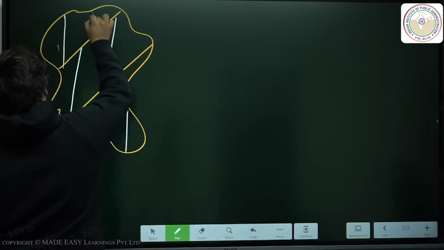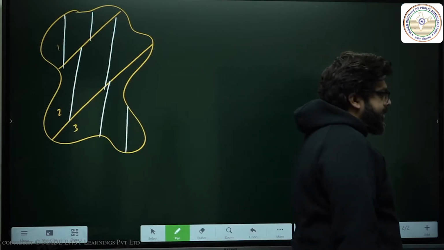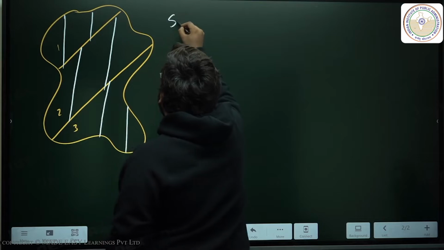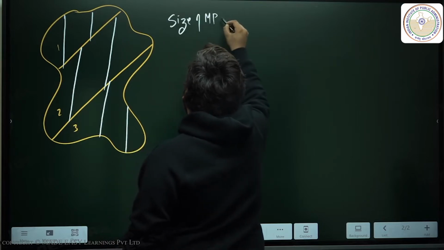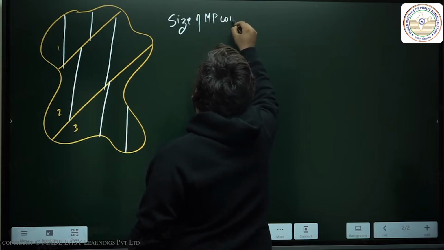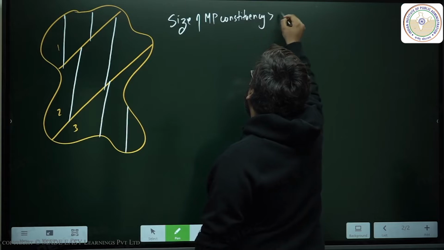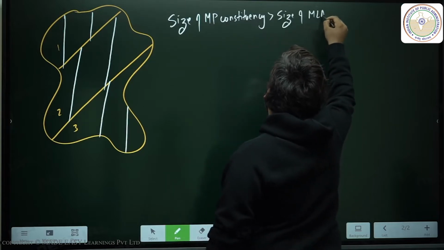Correct? So we can always say that the size of our MP constituency is always bigger than the size of our MLA constituencies.